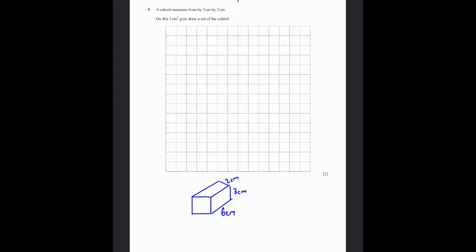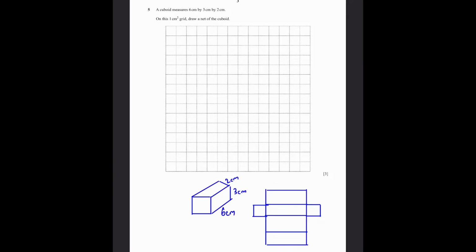So now what we have to do is to draw the net. Now let's draw a scale drawing of the net, which is, in this case, I'm going to draw it here. And now with this, we just draw 2 rectangles outside. And this is pretty much the drawing.